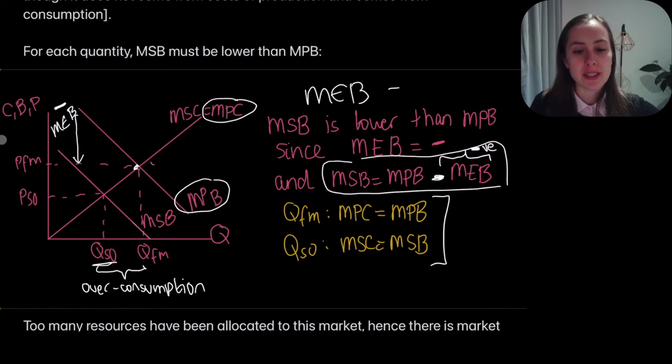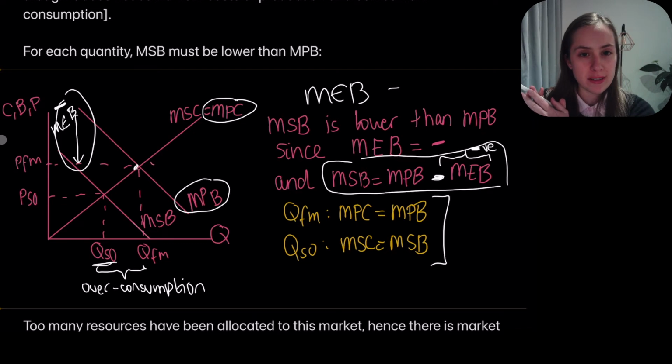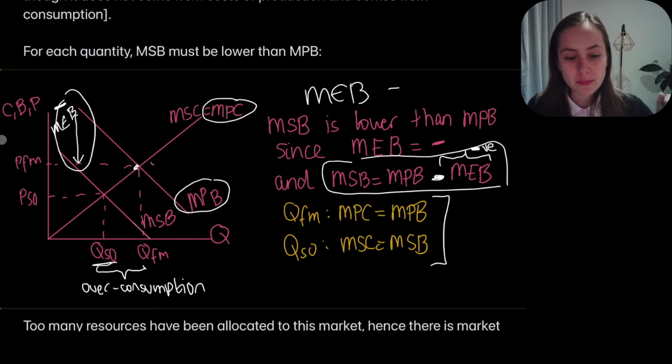And as a result of this, your MSB curve will be lower at every unit than the MPB curve. This MEB has dragged down the benefits that the individual faced and has said, hey, society actually benefits less than you're thinking about. So this MEB has been dragging down the MPB.